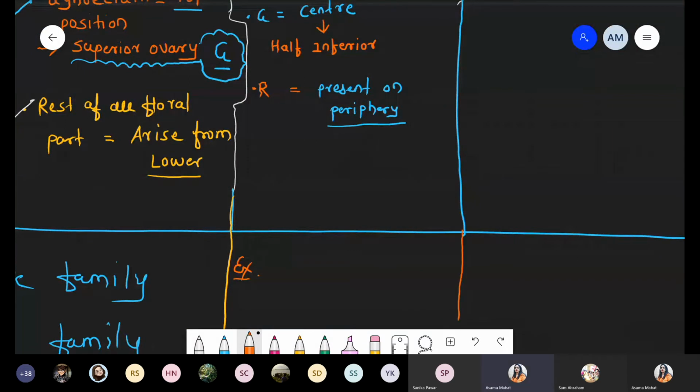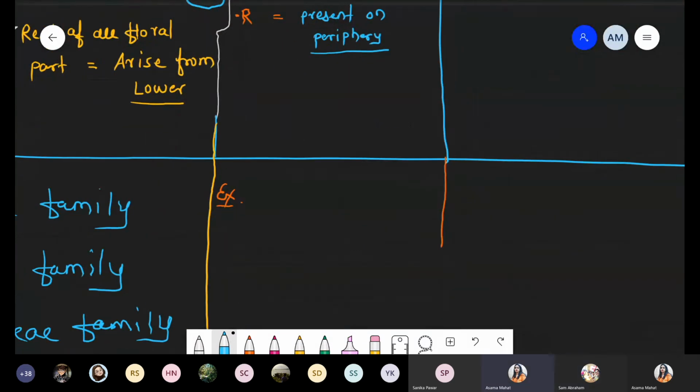because in NEET 2020, there is one question. Yes, just wait. NEET 2020, there is one question on the example. Out of the following, which is having the half inferior ovary? And the examples are peach, pulp and rose. Peach, pulp and the rose.